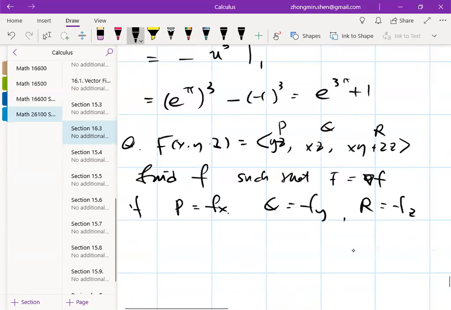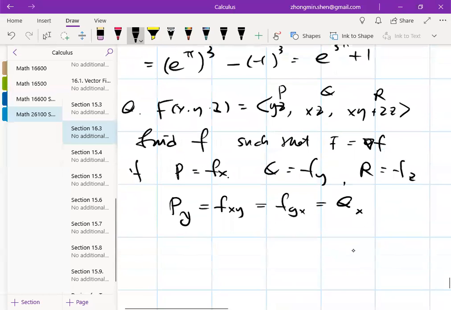What happens when you differentiate P with respect to y? You are supposed to get Fxy, but then you're also supposed to get Fyx, so you differentiate Q with respect to x. See that? So this is a necessary condition. And if we differentiate with respect to z, that'll be Fxz, then Fzx, and this is supposed to be Rx.